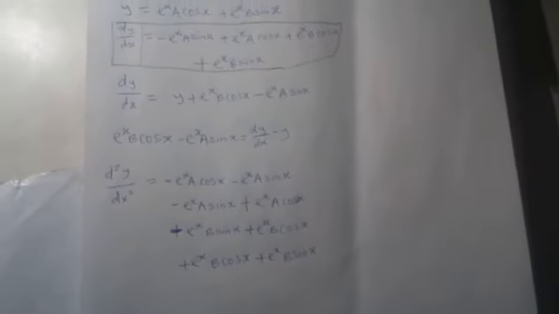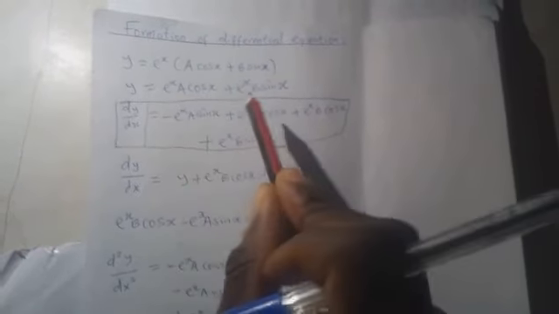Now all these I have done, do you know that there's one particular thing you have to observe closely, that if you look at this second derivative, remember that we said our y is equal to exponential x a cos x plus exponential x b sin x. Now look at what I'm going to do.